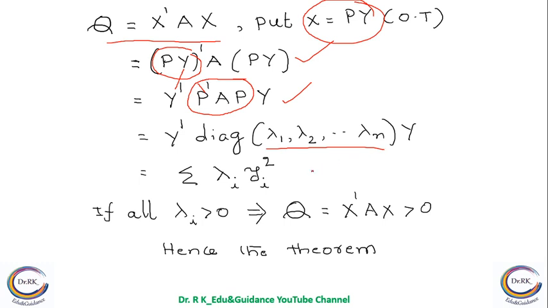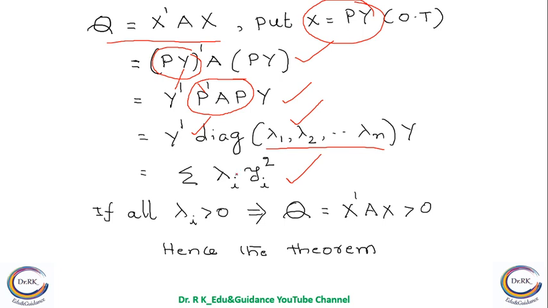If we expand this, Y is a column vector consisting of Y1, Y2, and so on, Yn. Its transpose is a row vector with Y1, Y2, and so on, Yn. And this is a diagonal matrix consisting of lambda 1, lambda 2, and so on, lambda n. If you simplify, we get lambda 1 y1 square plus lambda 2 y2 square, and so on.